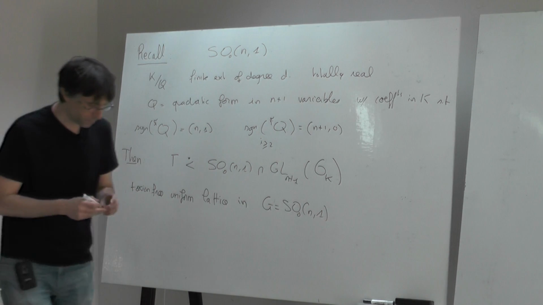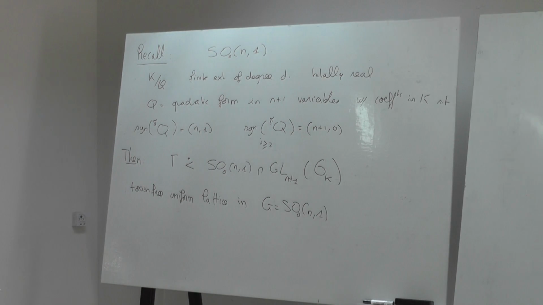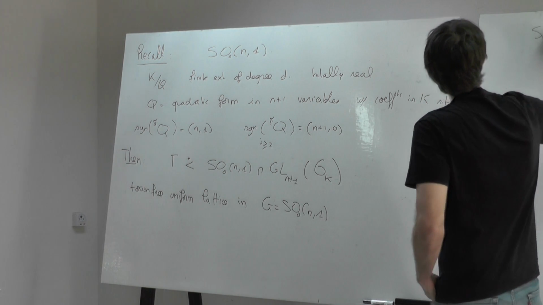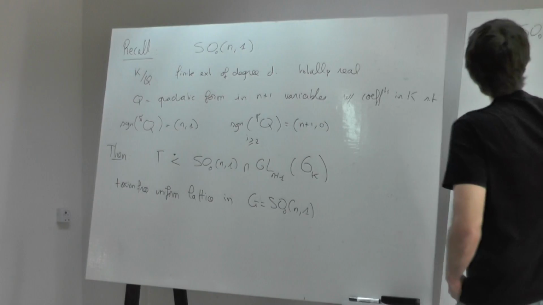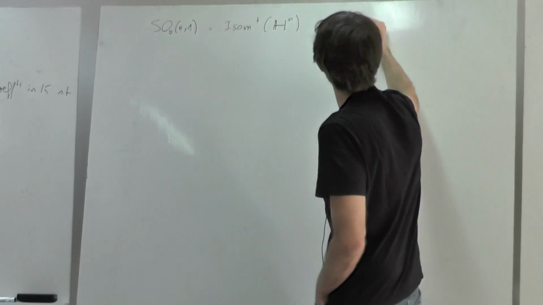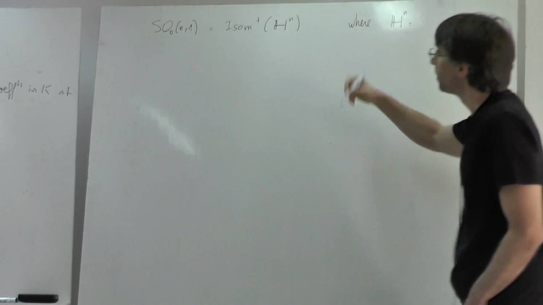Okay, so that was for the construction of lattice, and the purpose of this construction is to construct special manifolds, because SO(n,1) is also the isometry group that preserves the orientation of H^n.